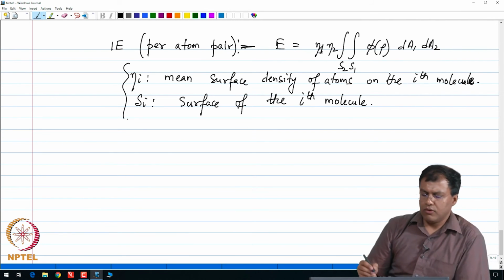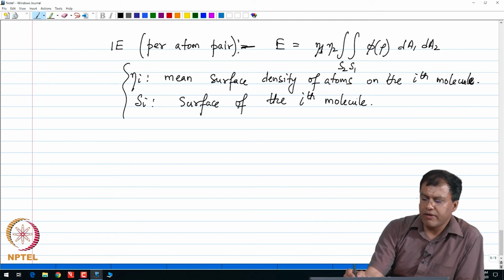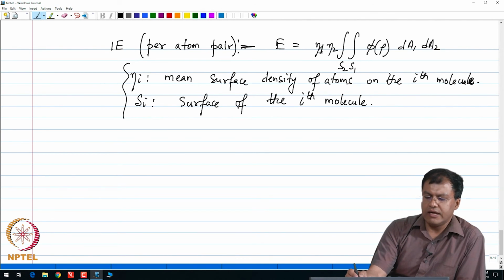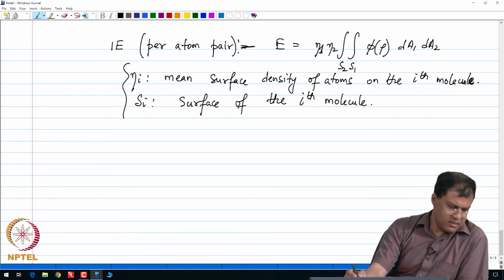Which means eta_i is the number of atoms per unit surface of the ith structure we are considering. So that is the interaction energy per pair.